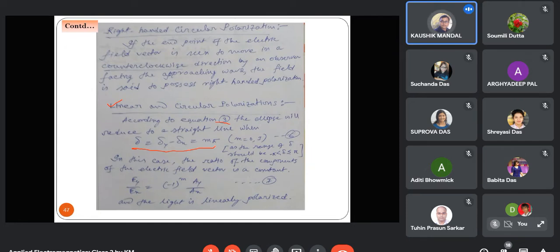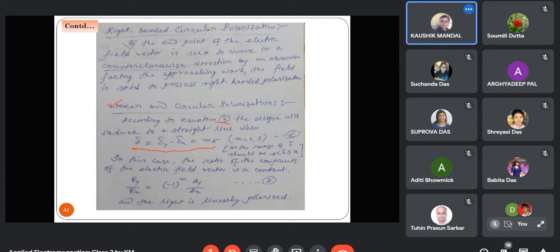And we already know that if the electric field vector describes a straight line, it will be the case of linear polarization. From equation 3, if we put delta equal to m pi, then it becomes the case of linear polarization. And in that case, what will be the ratio of these two electric field components, Ey and Ex?